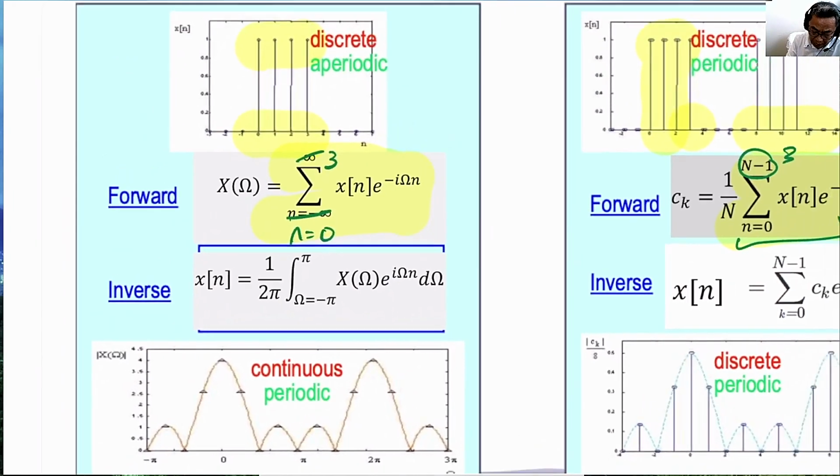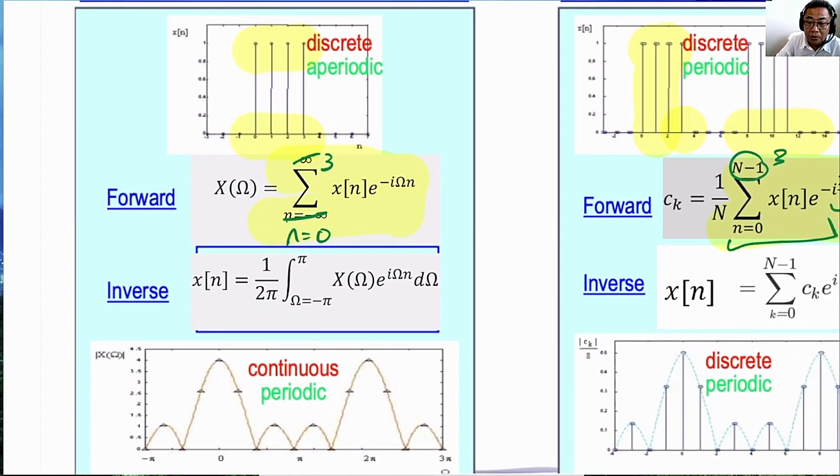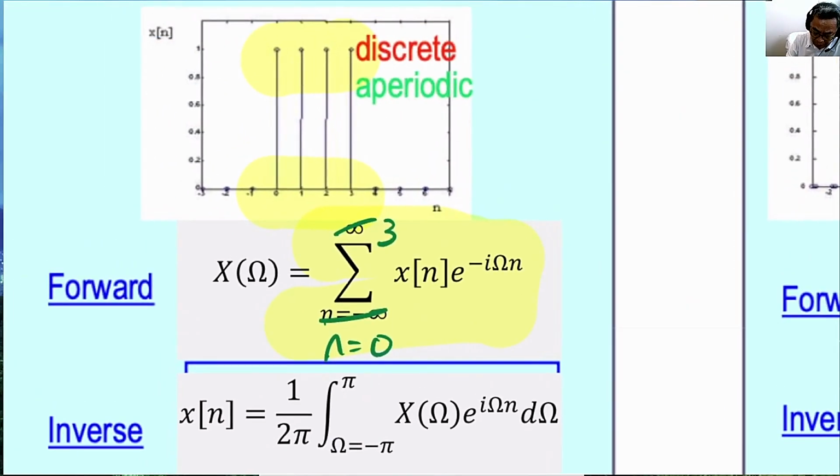Alright, let's do the aperiodic first. To work out X of omega, you can write a computer program which substitutes x of n equals 1 for these 4 samples, n equals 0 to 3. What you then need to do is to write a for loop from 0 to 2 pi.